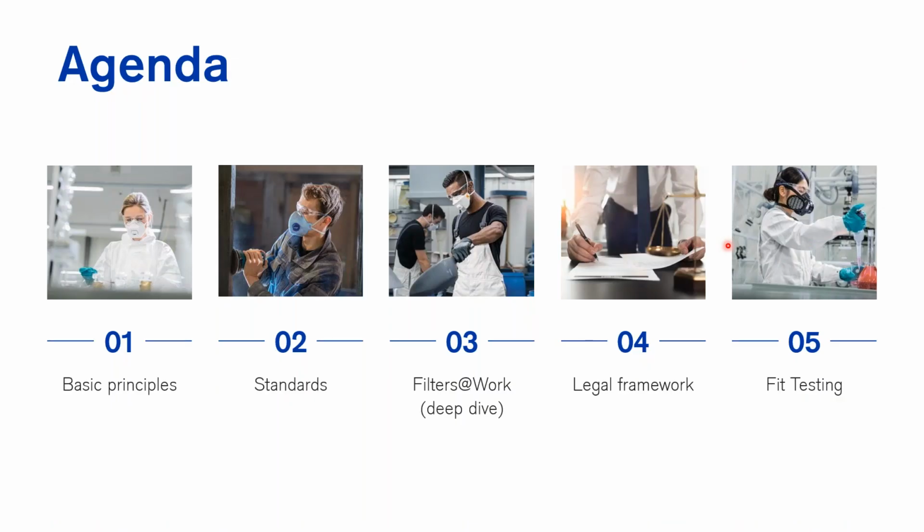We'll touch a little bit on the basic principles. Then we'll talk about standards across ASEAN especially. And we'll follow with how filtering face piece or FFP works itself and some of the legal frameworks within the region. And lastly, I'll touch a little bit on fit testing and how to choose the appropriate filtering face piece.